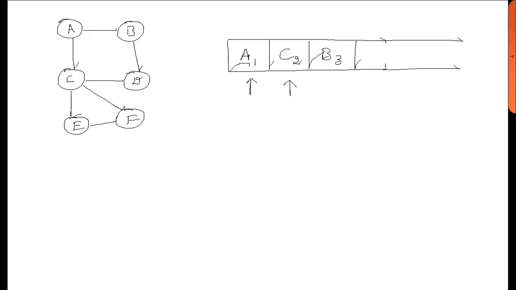So in any order I can choose either E first, F next and D next, or D first, E next, F next, whatever. However the order you want, you can just insert it. So let me take E as the fourth vertex, then F as the fifth vertex and D as the sixth vertex to be inserted into the queue.